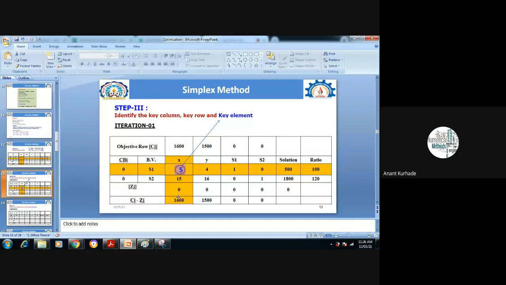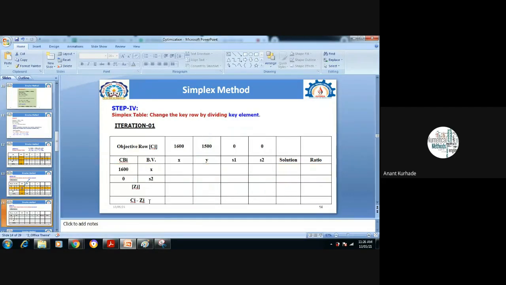Then 100% you can find Y as the key column and S2 as the key row. Remember this also. But we have to write new values here.